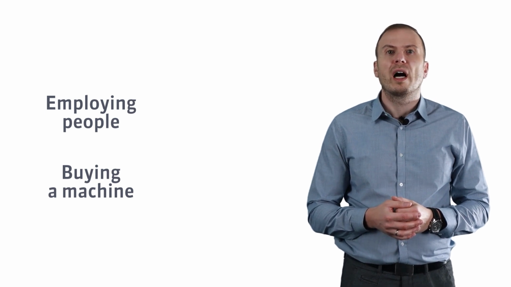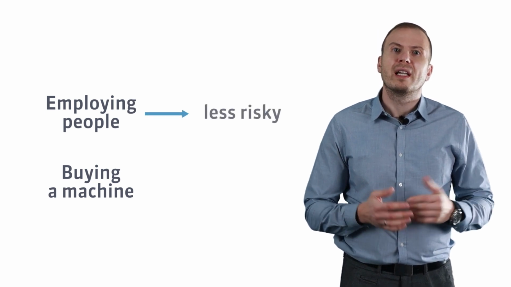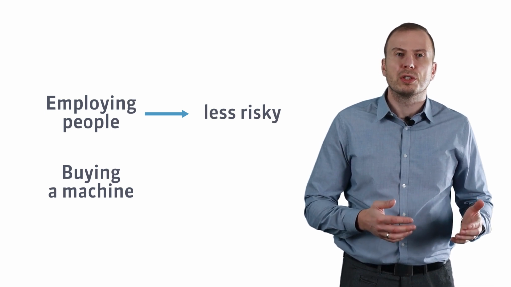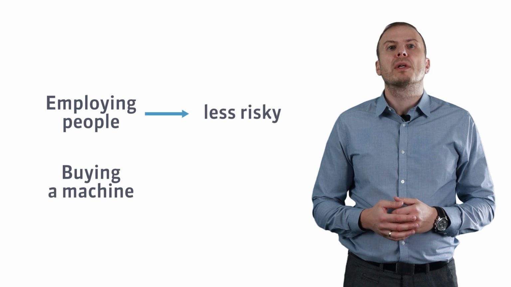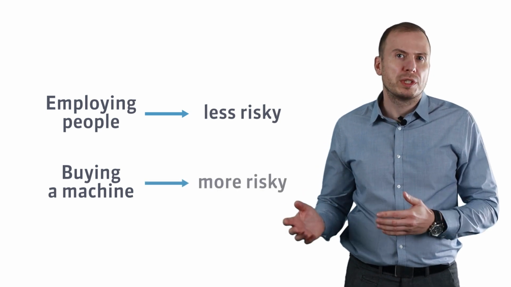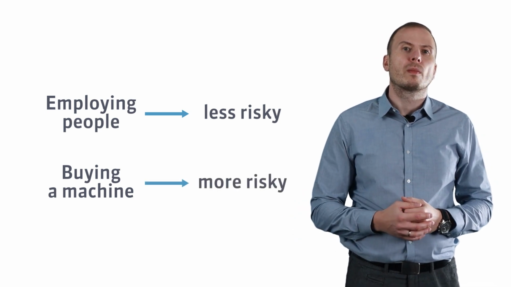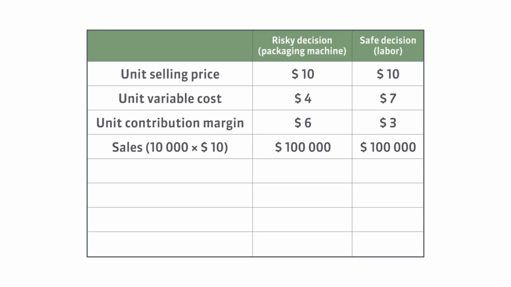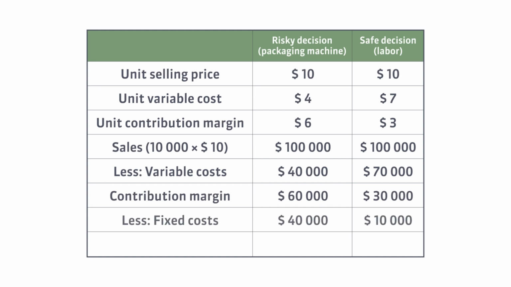Let's call hiring people a less risky decision or safe decision, and buying a machine a more risky decision. You can see the relevant data on the sales level of 10,000 units on the screen right now. The operating income is the same for both decisions.